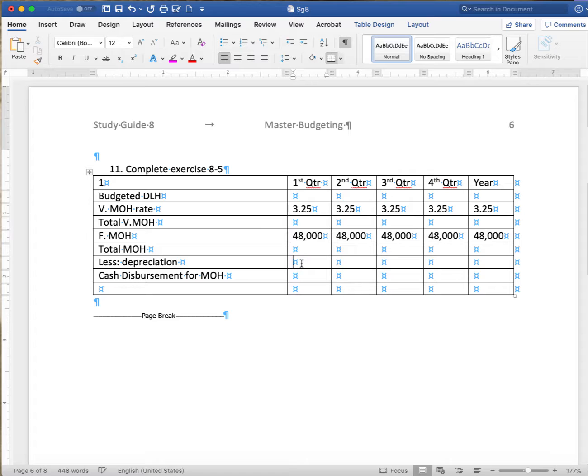They tell us that depreciation is $16,000 per quarter. That's the only non-cash item that's included in the fixed manufacturing overhead. Okay, I'm plugging it in: 16,000 for each quarter.